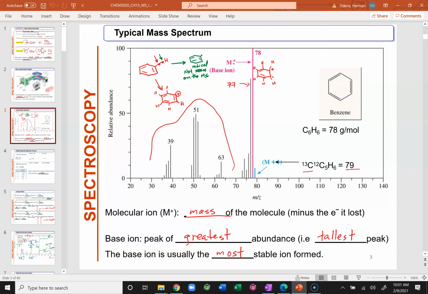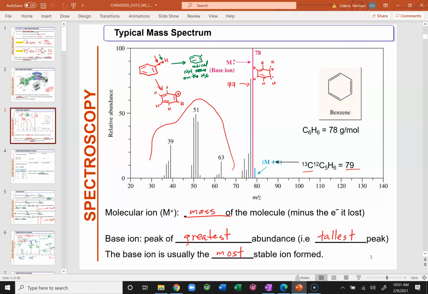This is the peak with the greatest abundance, and it's always the tallest peak. That's how you recognize the base ion. Now this is for the lab, because I am asking this question on the quiz. So remember that. Another little tip there for you guys.